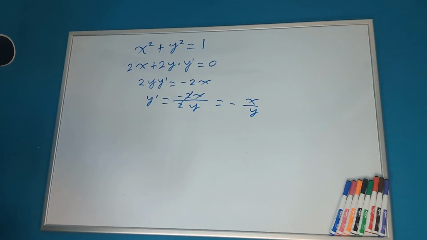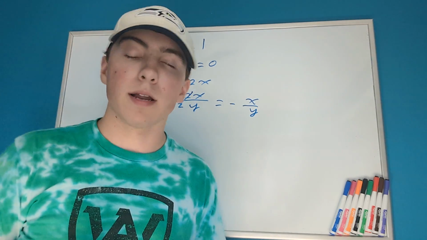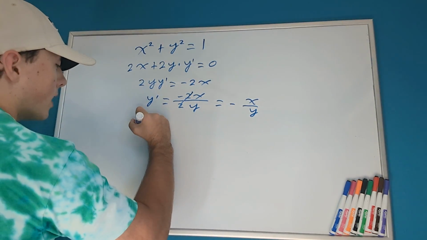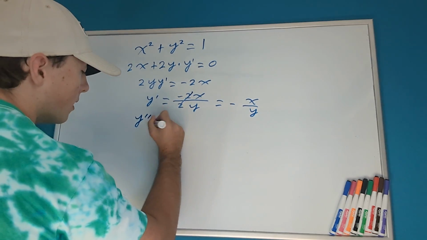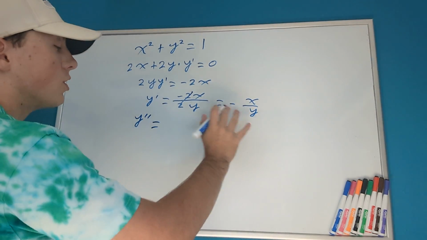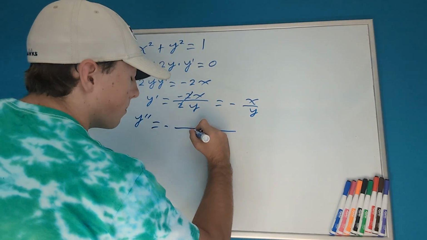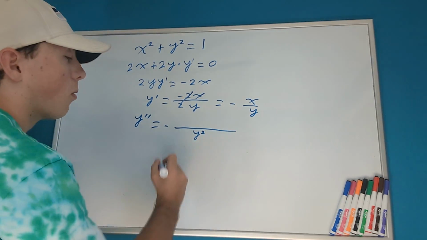And if we just wanted to differentiate it once here, we'd be done, but we're not done. We want to differentiate it twice. So we differentiate it, and we get y double prime equals, and here we're going to use the quotient rule. We get negative, then denominator squared, y squared.